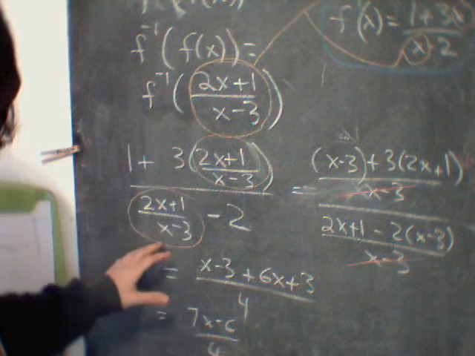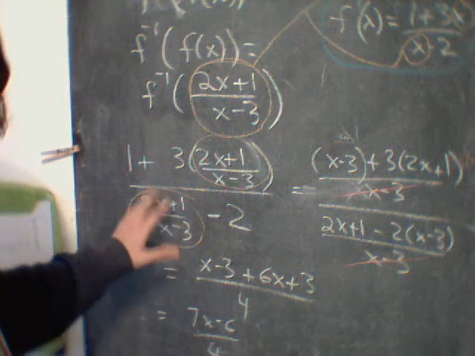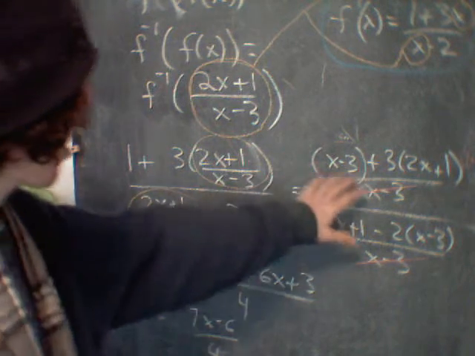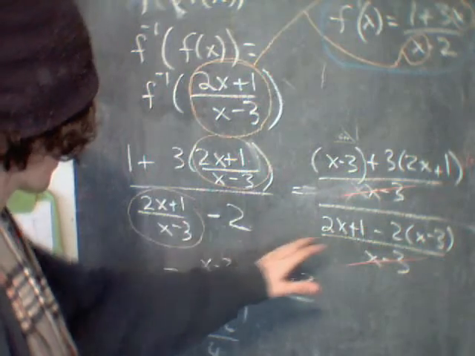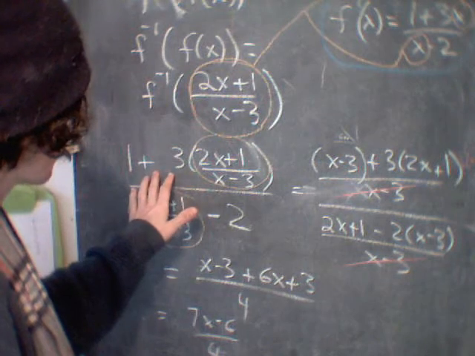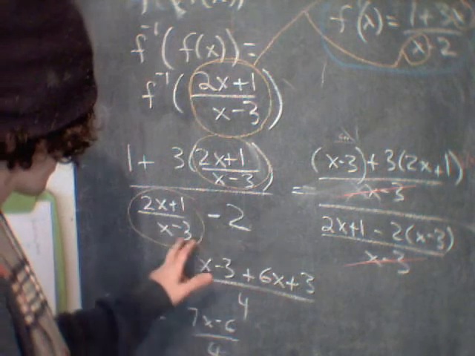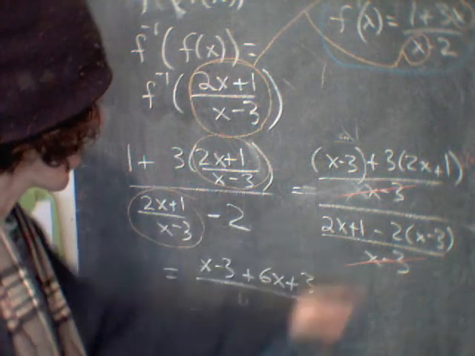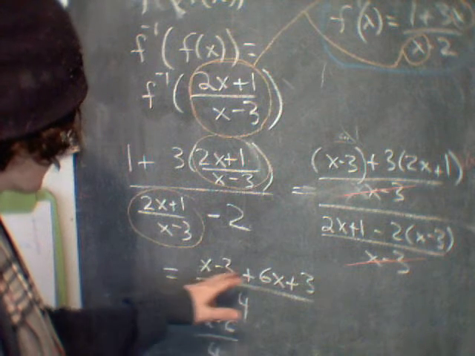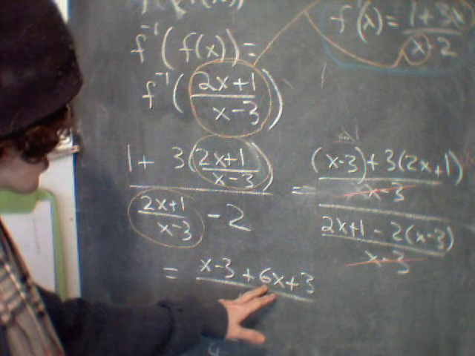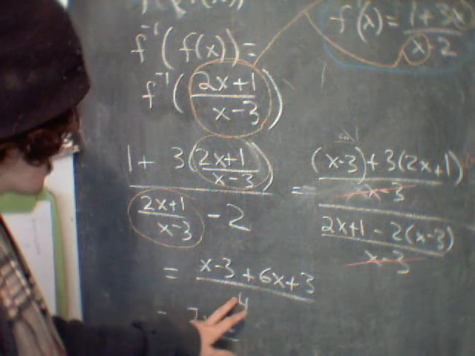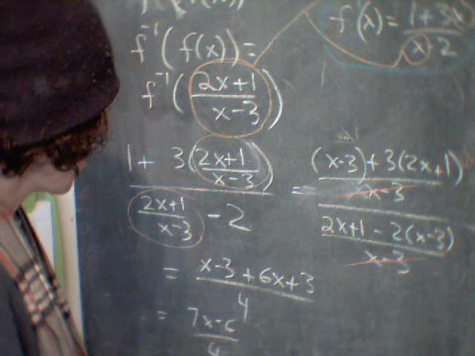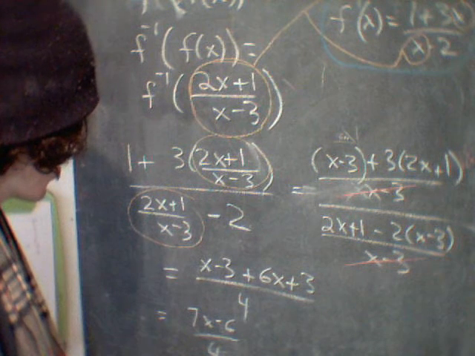The substitution, I think, was correct. But over here, they canceled out. X minus 3 plus 3, okay, that's okay. And 2x plus 1 minus 2 times that looks okay. X minus 3 plus 6x plus 3 divided by 4.